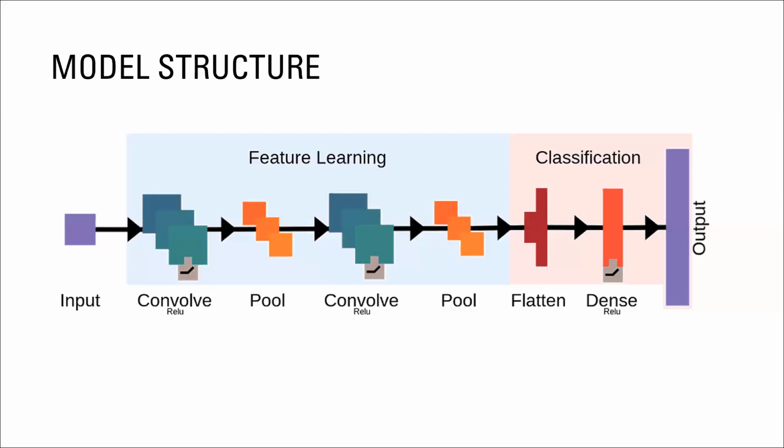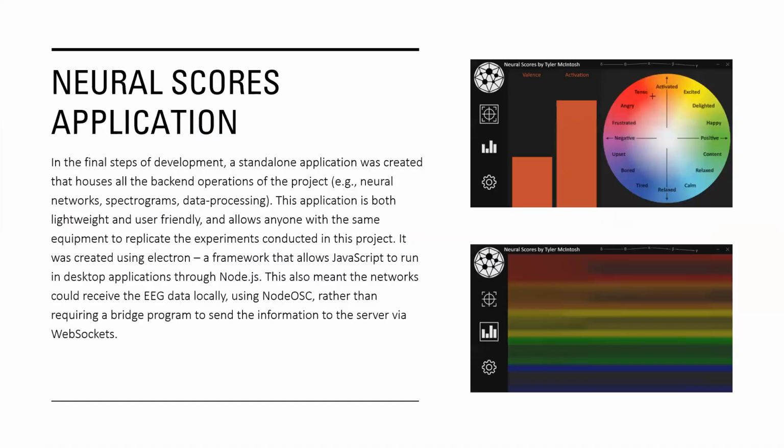Once all of that was completed, I'd found a way to get this information from the EEG data, and repacked everything into the standalone application. The final step was a standalone application that houses the backend functions of the project: networks, data processing, and OSC.